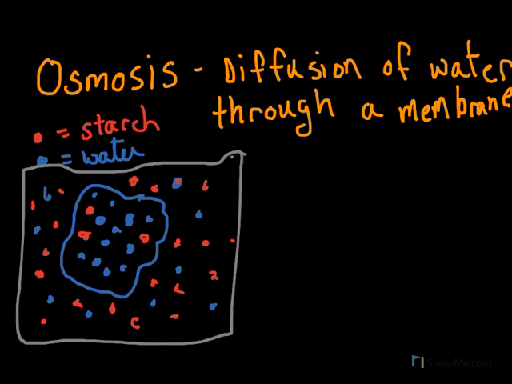So if we had our water here, here, and here, and here, and here, those molecules are more spread out than what's in the cell. They're more closely packed together. So we say that the water is less concentrated outside the cell and more concentrated inside the cell.